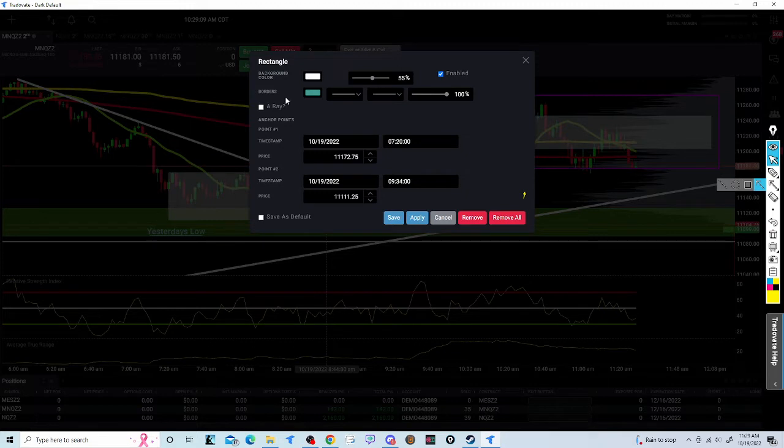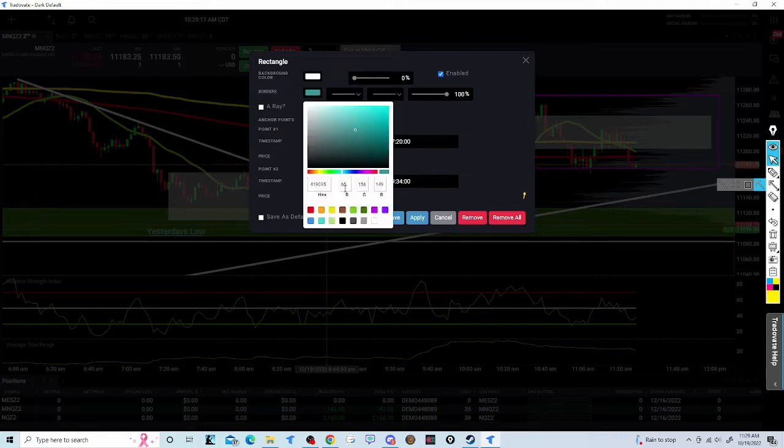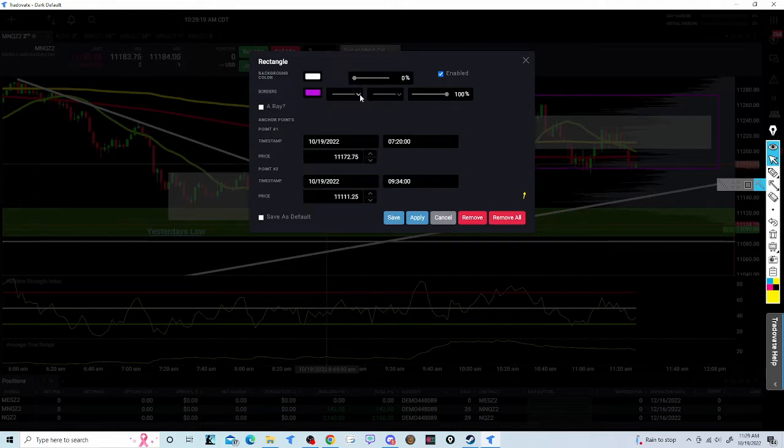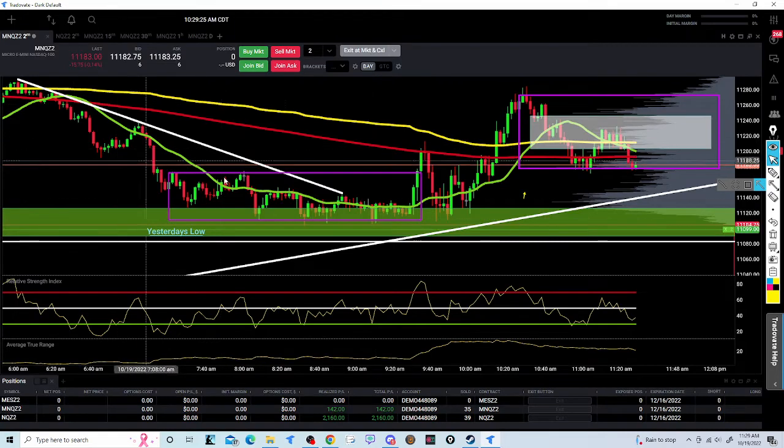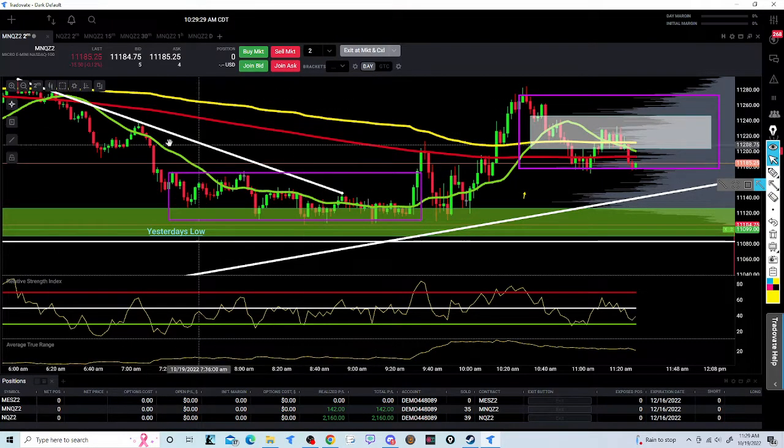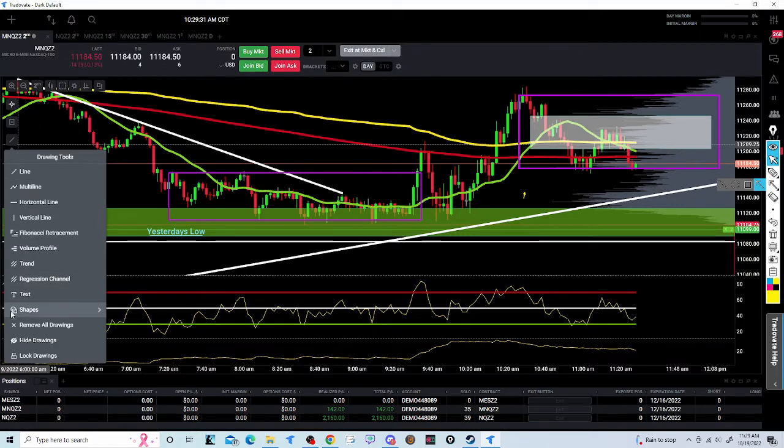Let me go ahead and do that again. Let's change the background opacity to 0. Pick your border colors and make it the length you'd like. Hit apply and save. Now you have your range. Now let's go ahead and mark off our no trade zone.